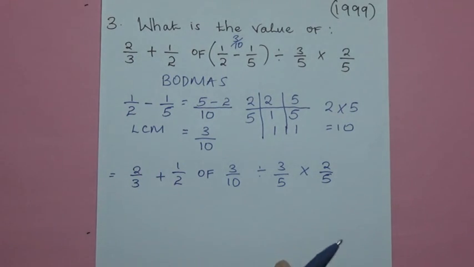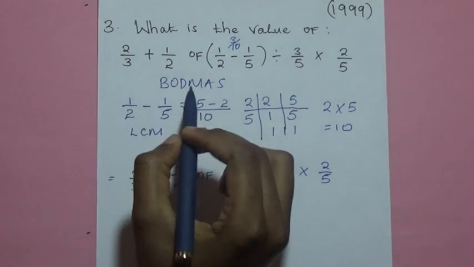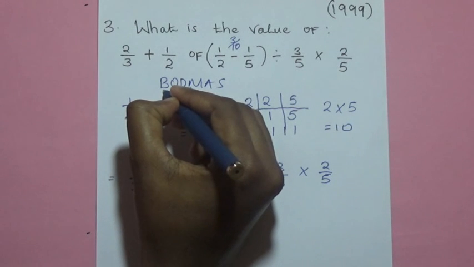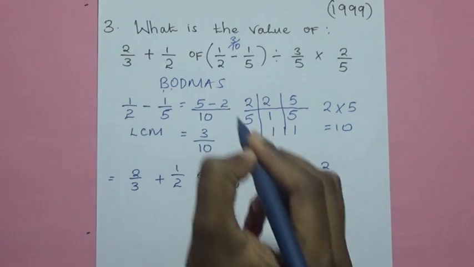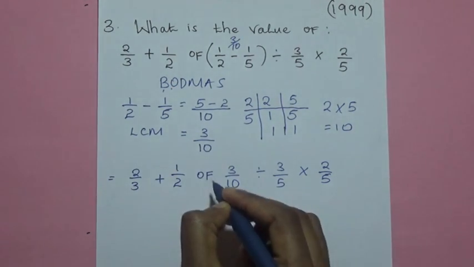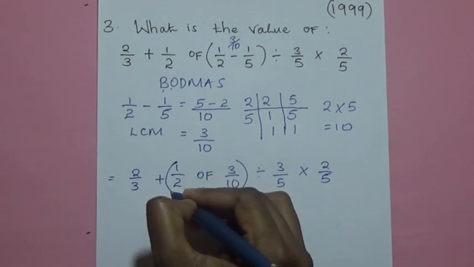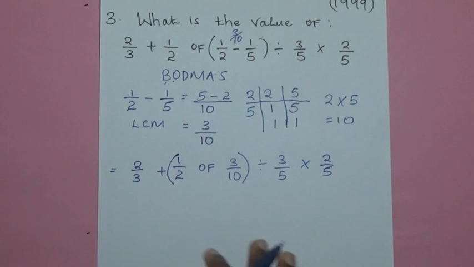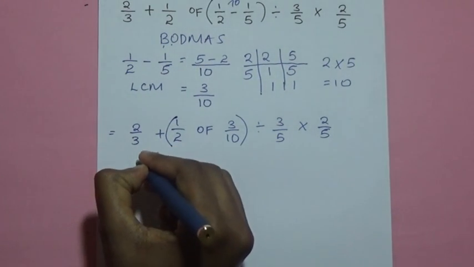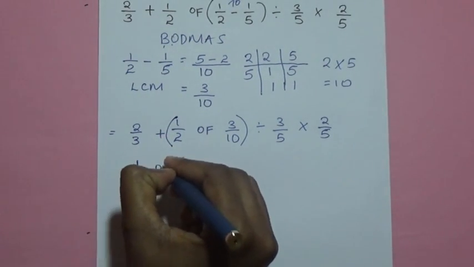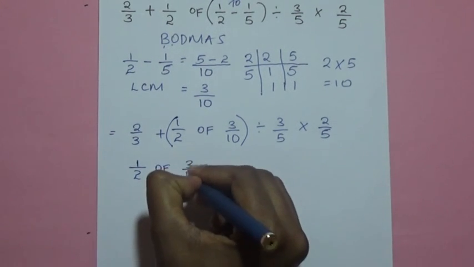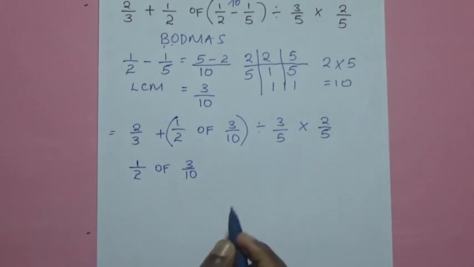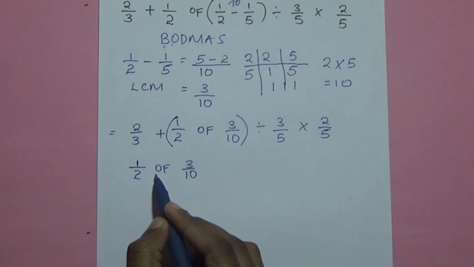Now, we go back to the BODMAS. After brackets, we go to of. So, the next step will be solving a half of 3 over 10. And we know that of means multiplication.